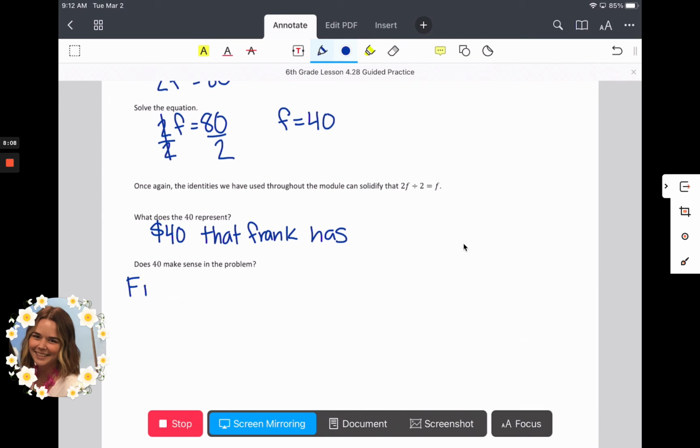Yep, because Frank has $40. Marissa has double that, so she has 80, and Christina has $20 more. So it fits into that problem.